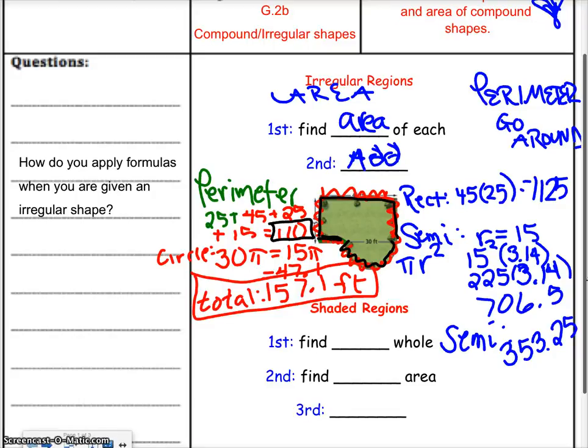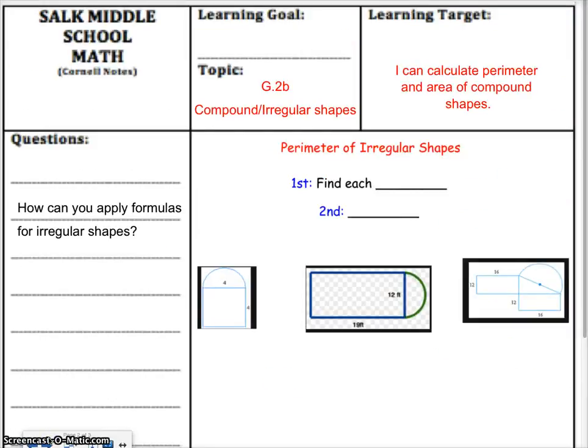Okay, next slide. We're not doing shaded? Oh, we just did this. Are we not doing shaded? We're not doing shaded yet. Yep, shaded is a different day. Okay, so perimeter. Why did I say find each? Perimeter is add the outside.